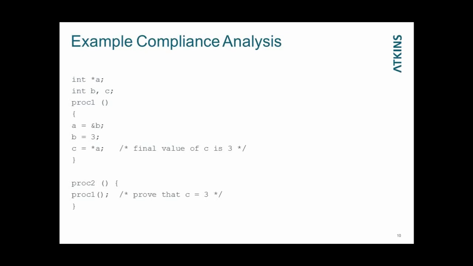The other thing about this is I've got a procedure proc1, which is putting a value of 3 into the variable C here. I then call that from proc2, and I want to prove after I've called proc2 that the variable C holds the value of 3.